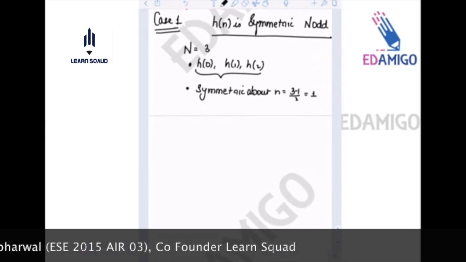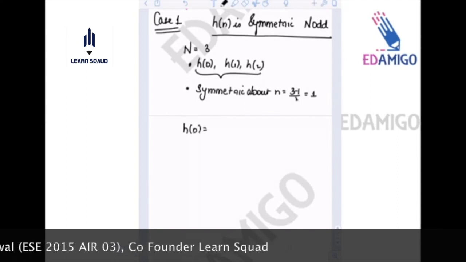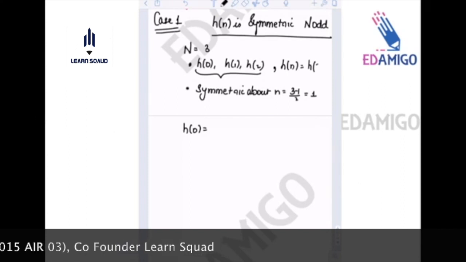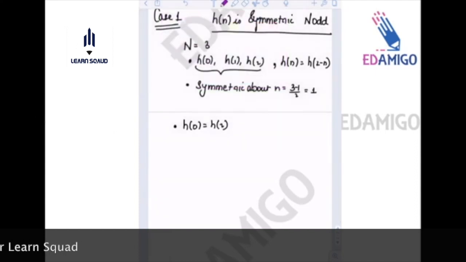So I can say that Hn is equal to H of 2 minus n. So H0 is equal to H2. Now if I write H e to power j sigma, then it will be equal to H0 e to power j0, plus H1 e to power minus j sigma, plus H2 e to power minus j2 sigma.